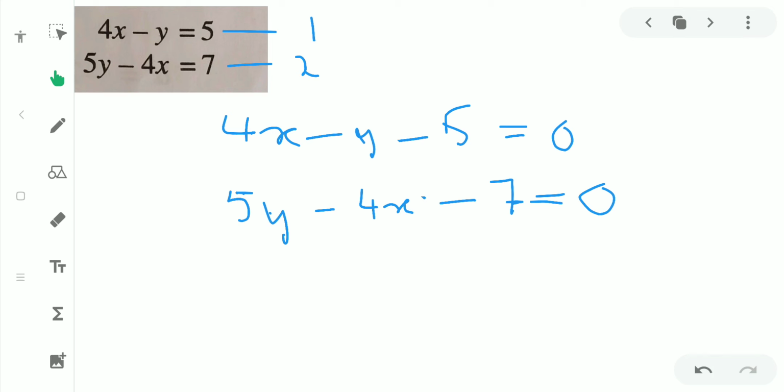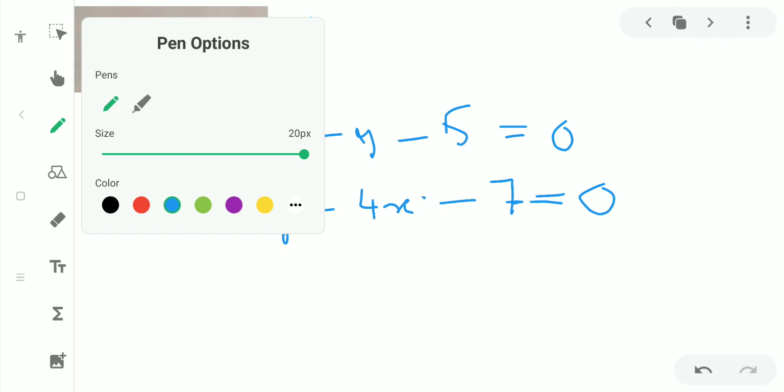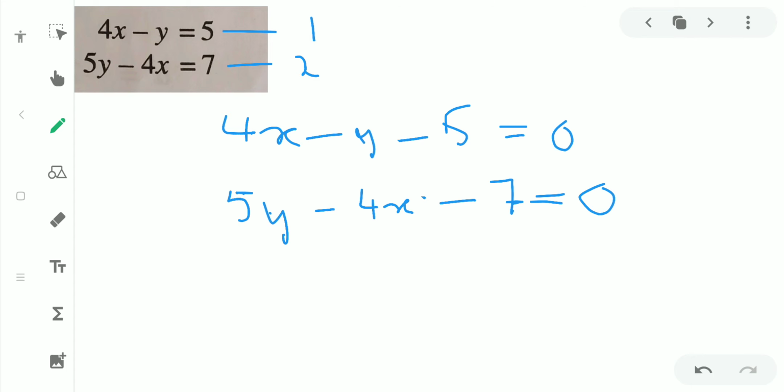So let's interchange it. So I am writing 4x minus y minus 5 is equal to 0.